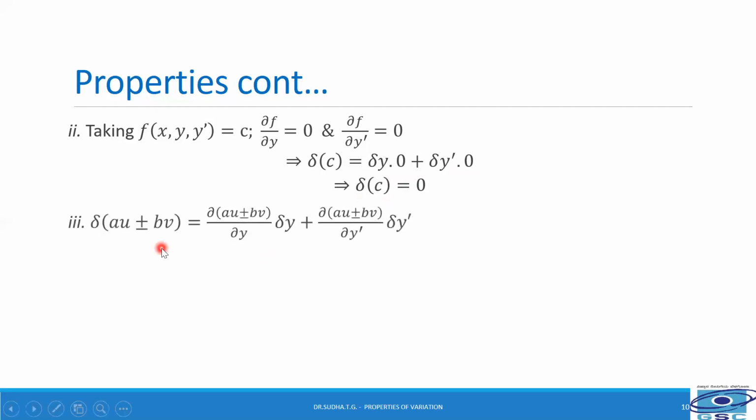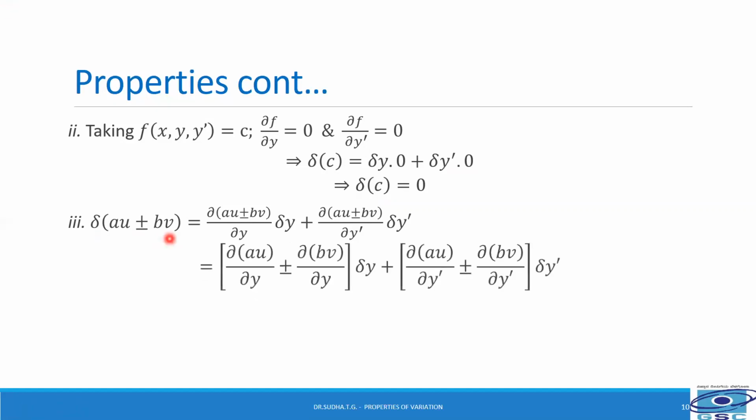Now let us move on to the third one. So here we need to find the variation of A into U plus or minus B into V. Using the variation expression, it gives us dou of AU plus or minus BV by dou y into delta y plus dou of AU plus or minus BV by dou y dash into delta y dash.